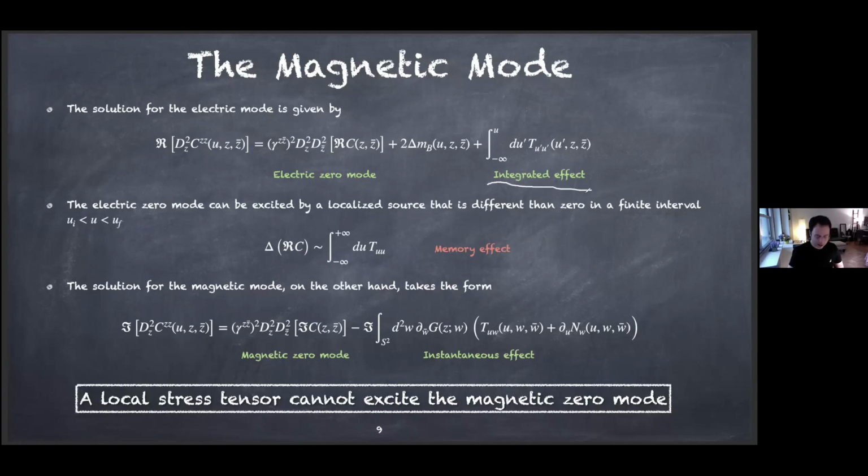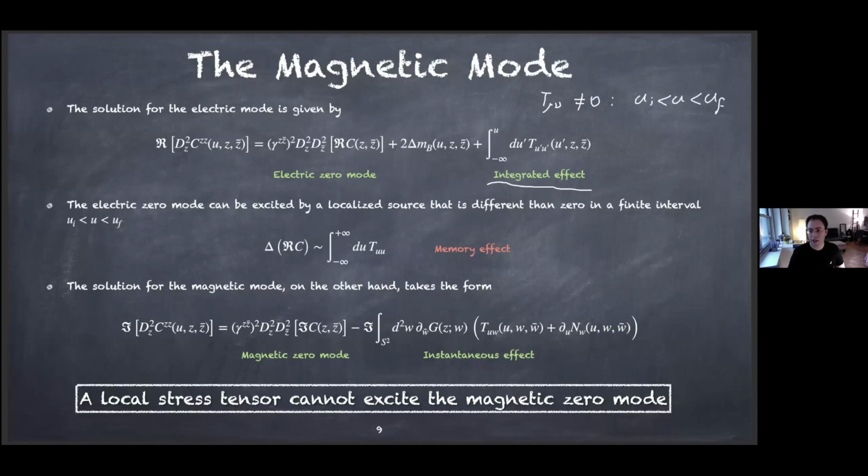This is the integrated effect, and it means that a localized distribution of matter can excite the zero mode. By localized distribution of matter, I mean a T mu nu that is different than 0 at some finite interval.